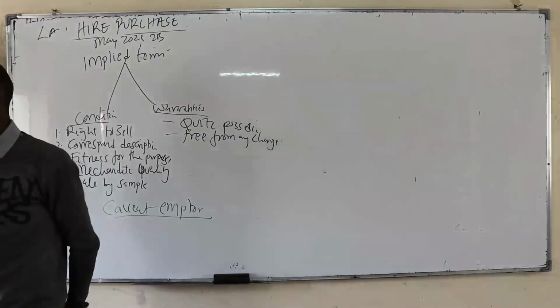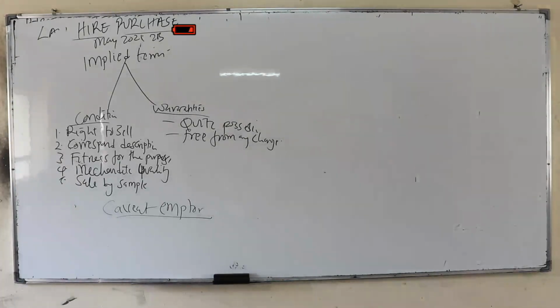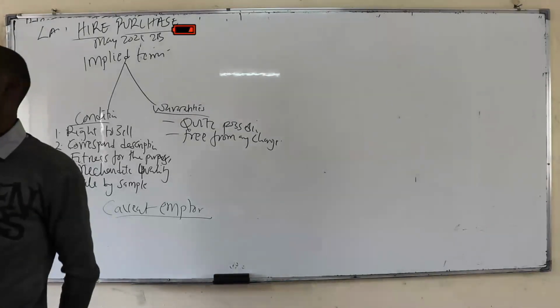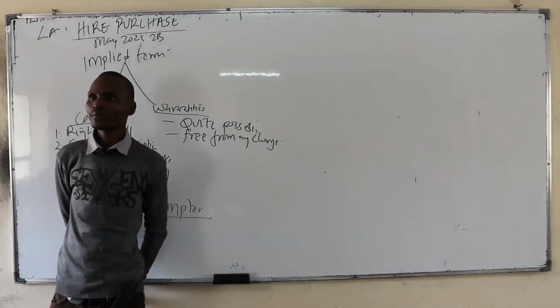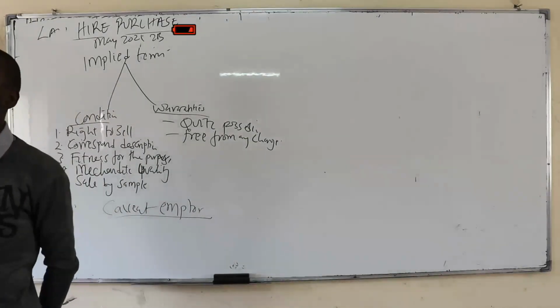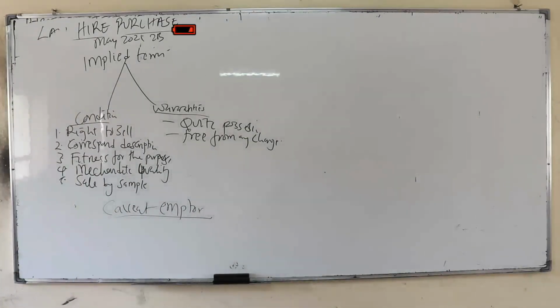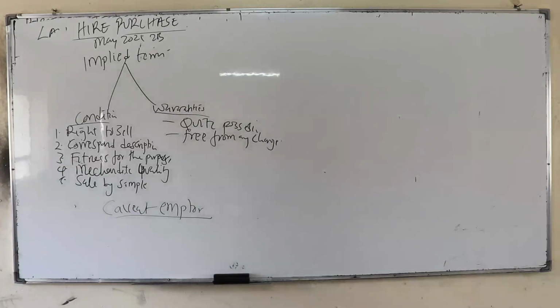Yeah, less than the quantity that has been ordered. Another one, where the buyer can reject the goods. Yes. When the goods are not of the description that he requested. That one too you need to think hard, and it is still on the board.